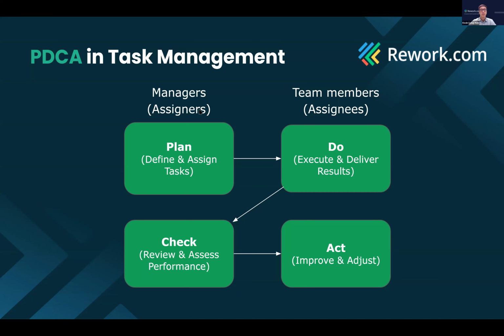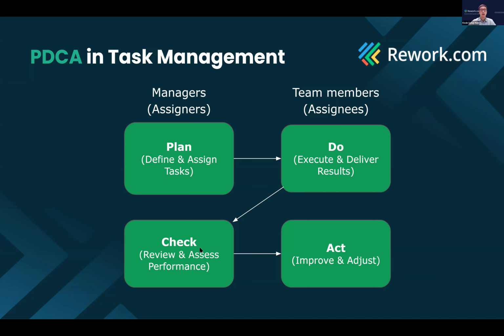As you can see here, when talking about task management, there are typically two main stakeholders: the managers or the assigners, and the team members or the assignees. Normally, the managers will plan the task, define it, and assign it to their team members. And then the team will execute and deliver the results.